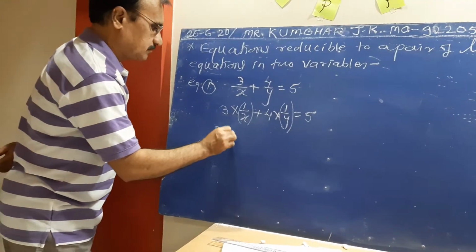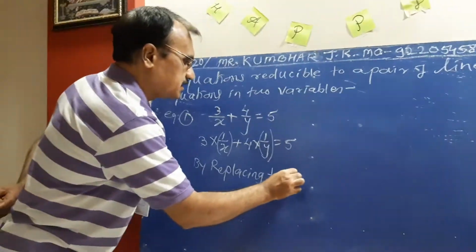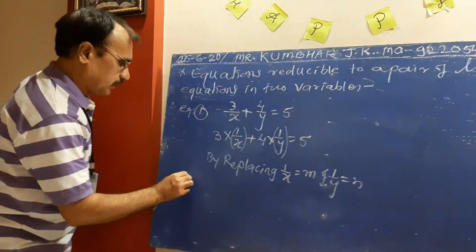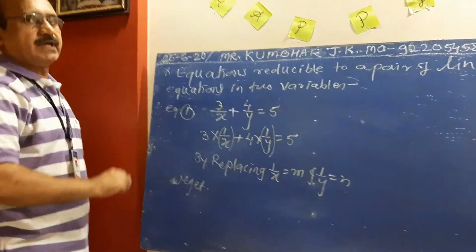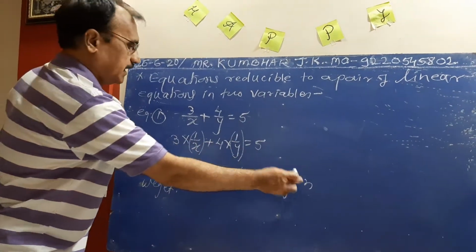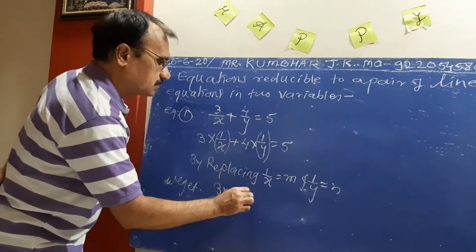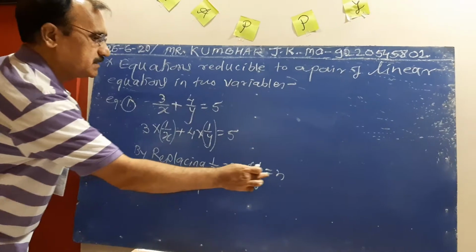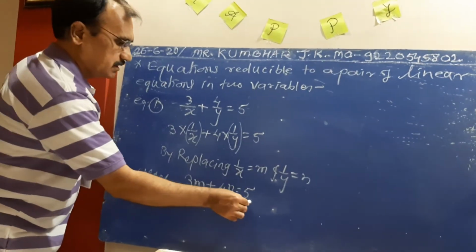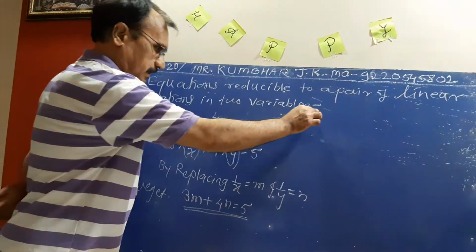By replacing 1 upon x is equal to m and 1 upon y is equal to n, we get 3m plus 4n is equal to 5, and this is a linear equation in two variables. That means we can convert the given equation into the required form.